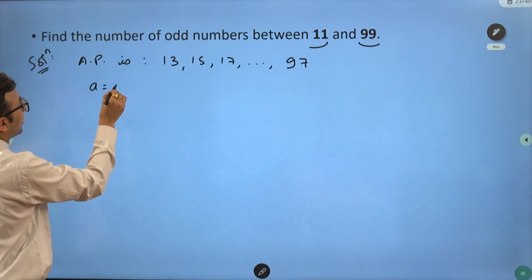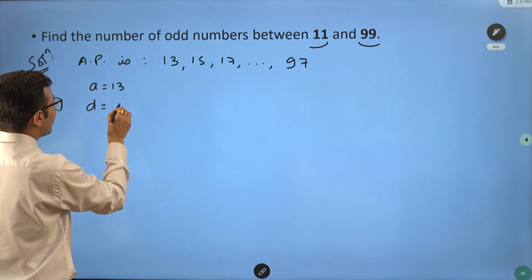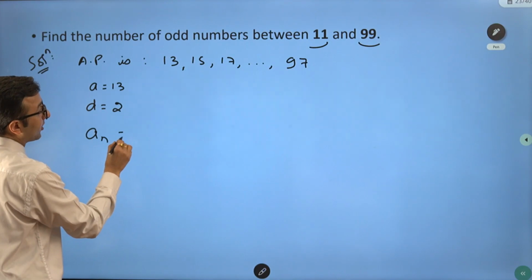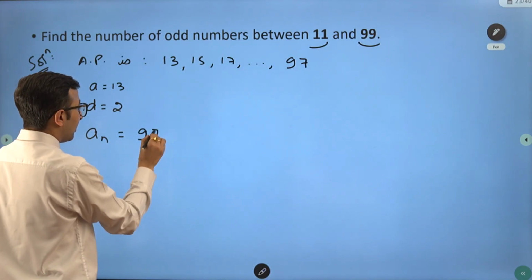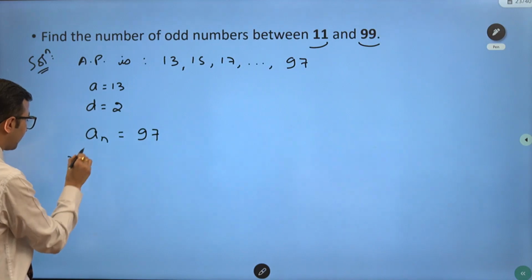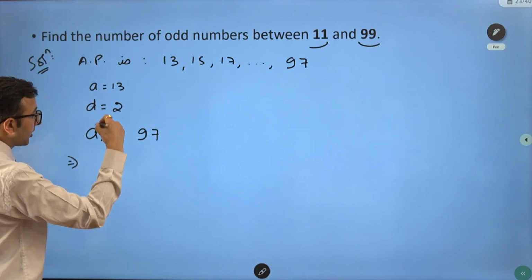First term is 13. Common difference is 15 minus 13, which is 2. It is a sequence of odd numbers, and we take the nth term as 97. The proper method I already told you in the previous question. I am writing it only to explain and make you understand how to solve such types of problems.